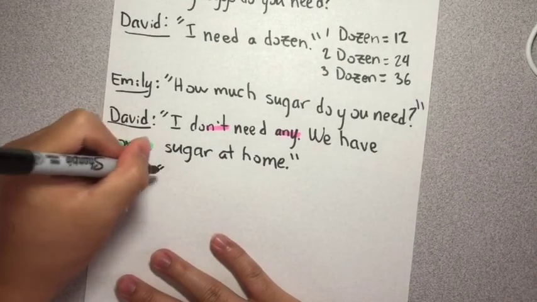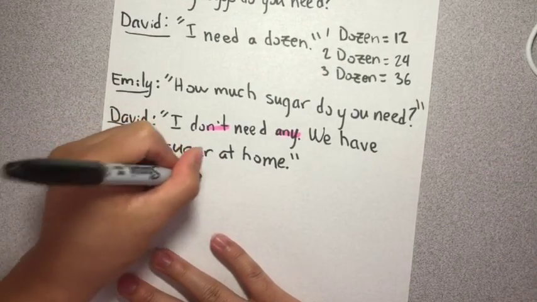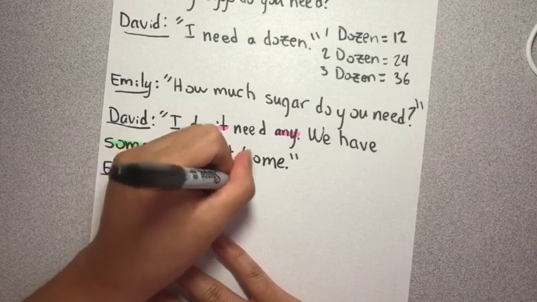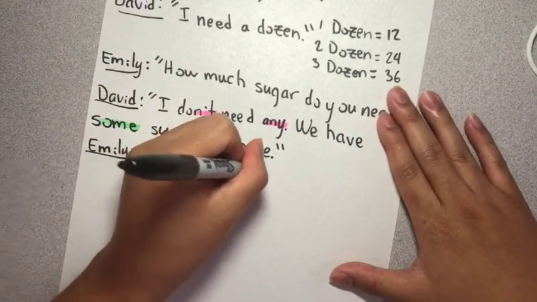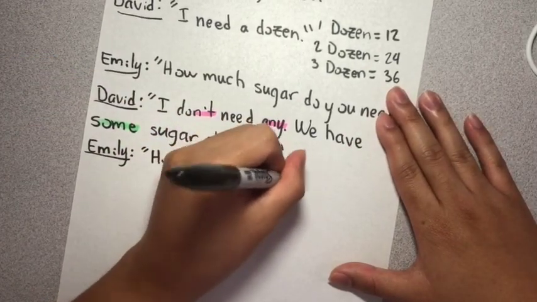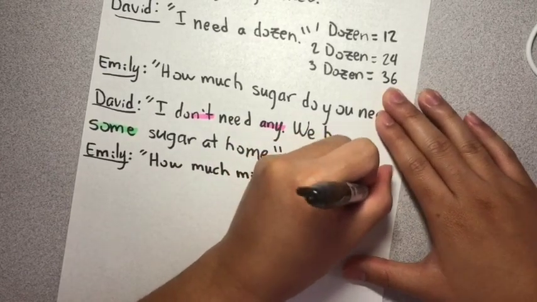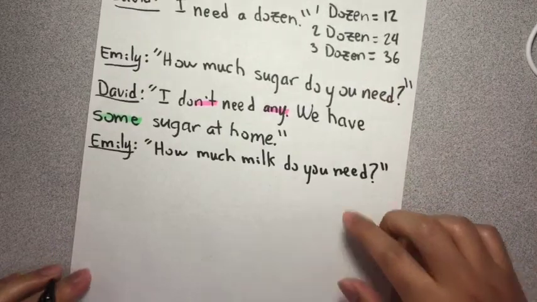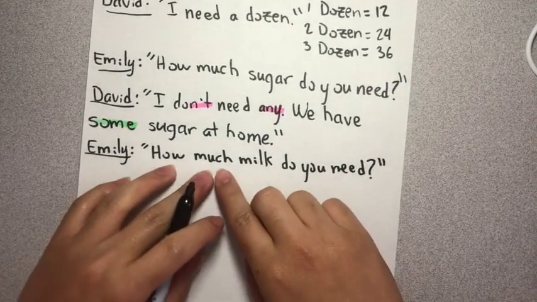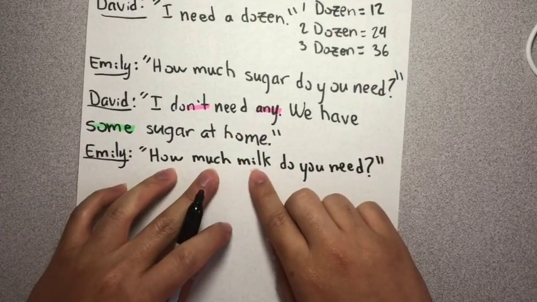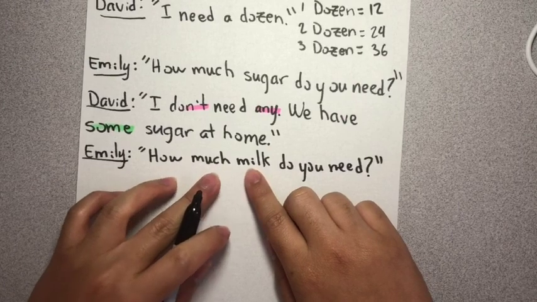And now Emily asks, how much milk do you need? How much milk do you need? She's asking how much for milk because milk is not something you can count.